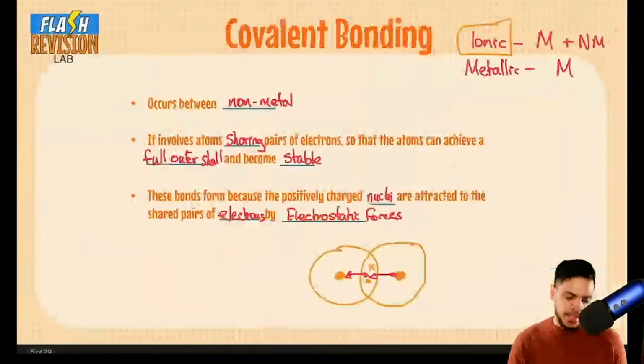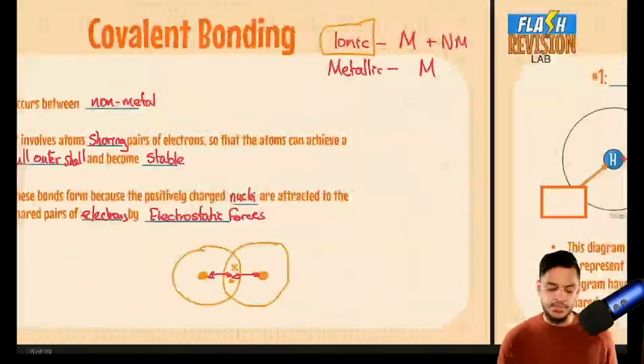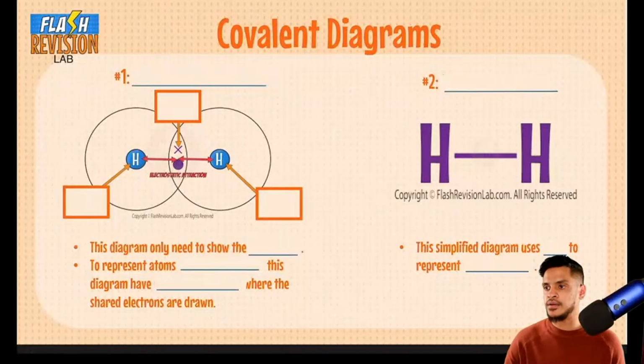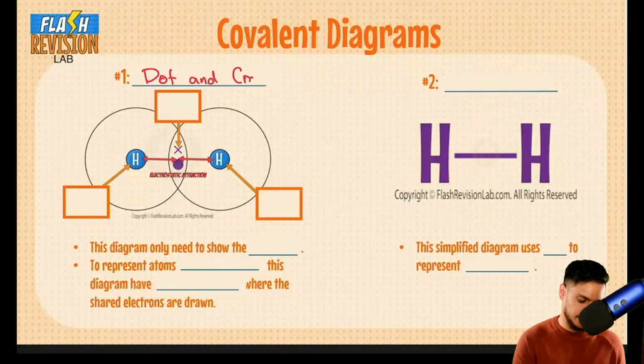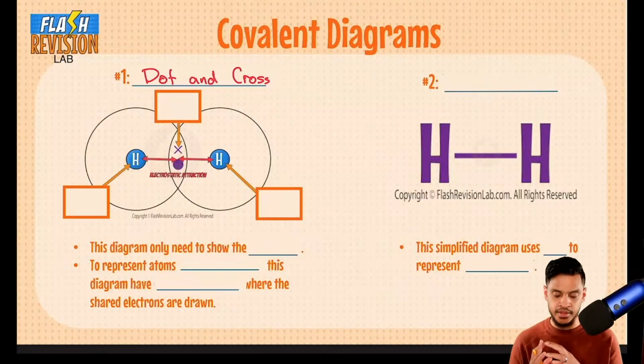Okay. So there's different ways to show covalent bonding using different diagrams. This one here is a dot and cross diagram. That's what I've drawn. Here is a dot and cross diagram where you basically represent electrons with a dot from one atom and a cross from another atom.